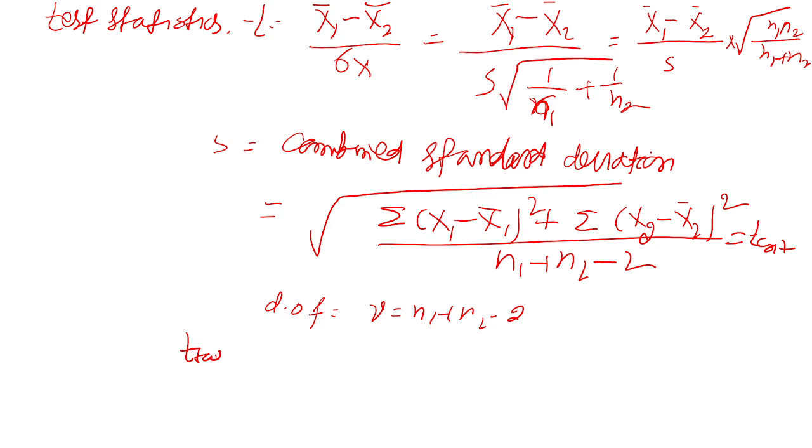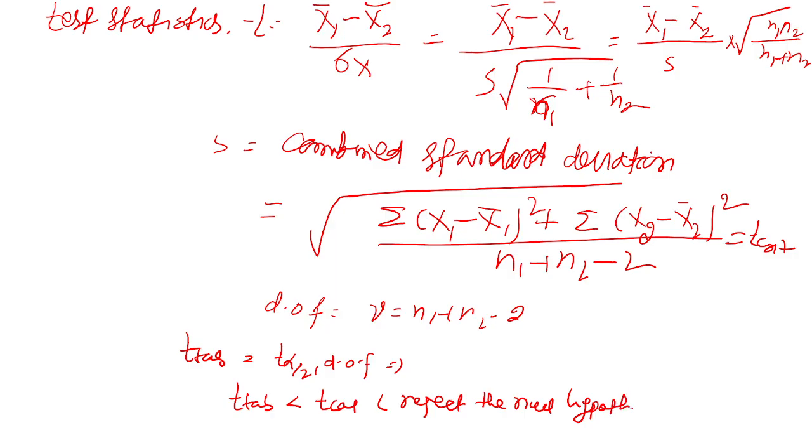Now T tabulated we get from T of alpha by 2 and the degree of freedom. And if T tabulated is less than T calculated, we are going to reject the null hypothesis. Otherwise, we'll say we don't have enough evidence to reject the null hypothesis.